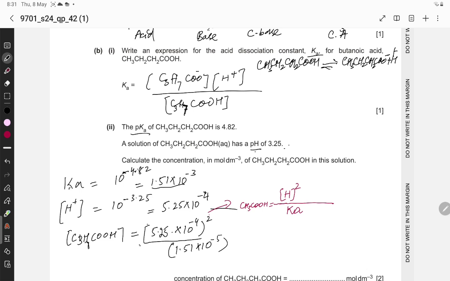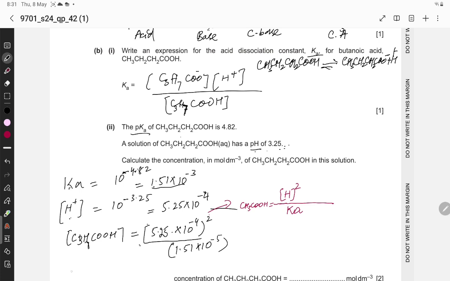So how to calculate the concentration? The Ka of this acid is 1.51 into 10 raised to minus 5, and the concentration of hydrogen ion of this solution is 3.25, so H positive is 10 raised to minus 3.25, which is 5.25 into 10 raised to minus 4.